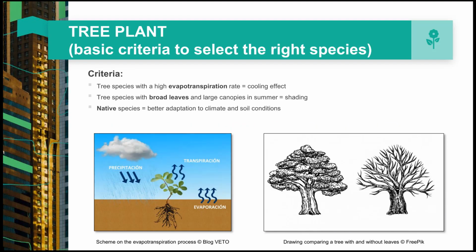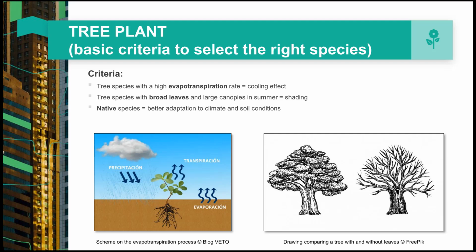The issue of choosing the most appropriate plant species for the various nature-based solutions will be addressed in Lesson 13. However, it is worth mentioning that in the case of tree selection, it is important to take 3 criteria into account. Select tree species with a high evapotranspiration rate to maximize the cooling effect of such trees.